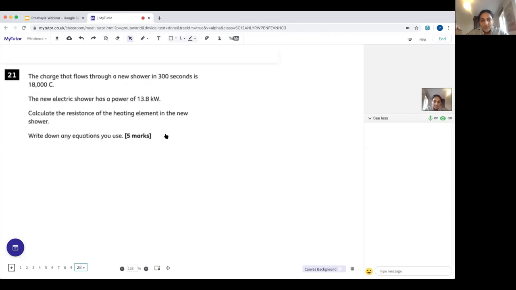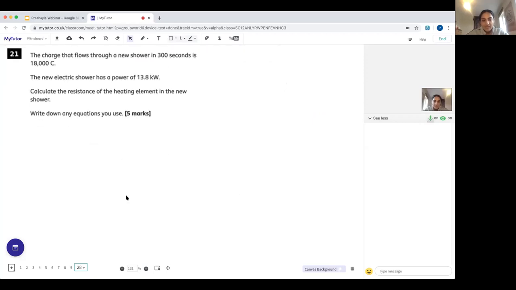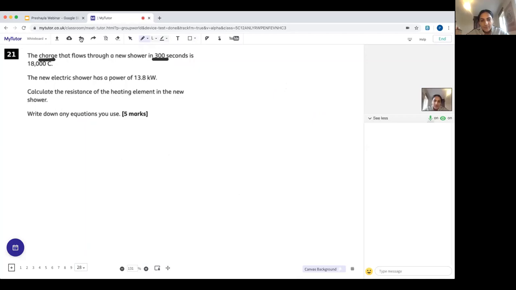Okay, so this one includes quite a few steps and is a little bit more tricky. So it's going to be the last one that we do before I take questions. So it involves you using two different equations, the first of which relates charge to time. So it's that Q equals IT.